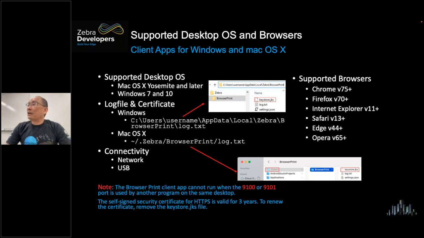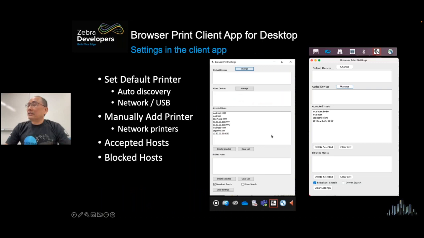This is a screenshot of the client app. The client app setting feature allows you to have an overview of the current settings for BrowserPrint. The left side is the client app interface from Windows. The right side is from Mac.